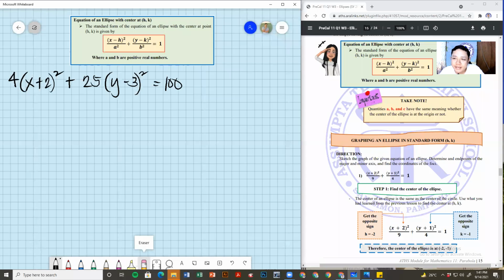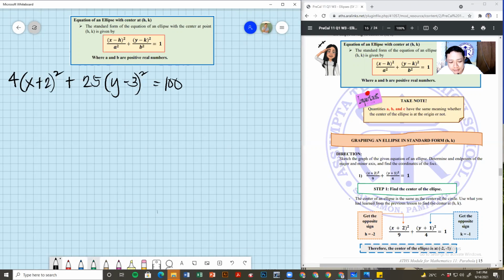Okay, let's have this as an example. So we have 4 times the quantity of x plus 2 quantity squared plus 25 times the quantity of y minus 3 quantity squared is equal to 100.